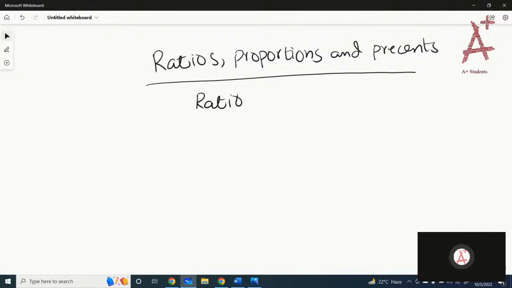So let's start with the first topic, that is ratio tables. You are given tables, you have to find the ratio between them and complete them. Let's do an example.